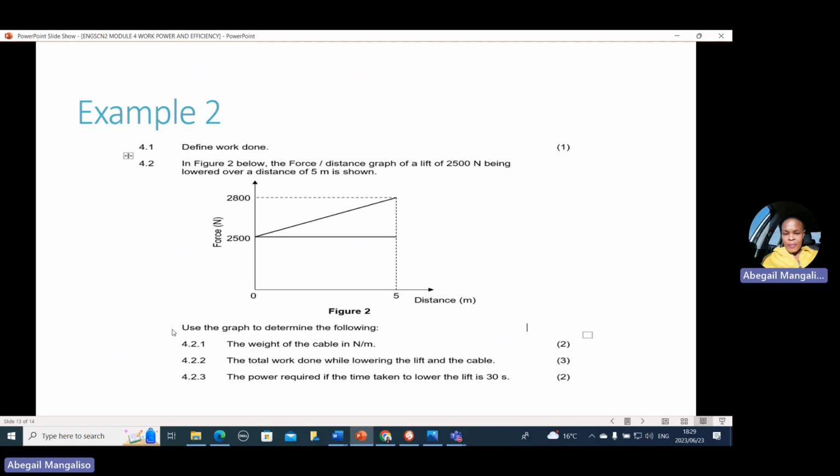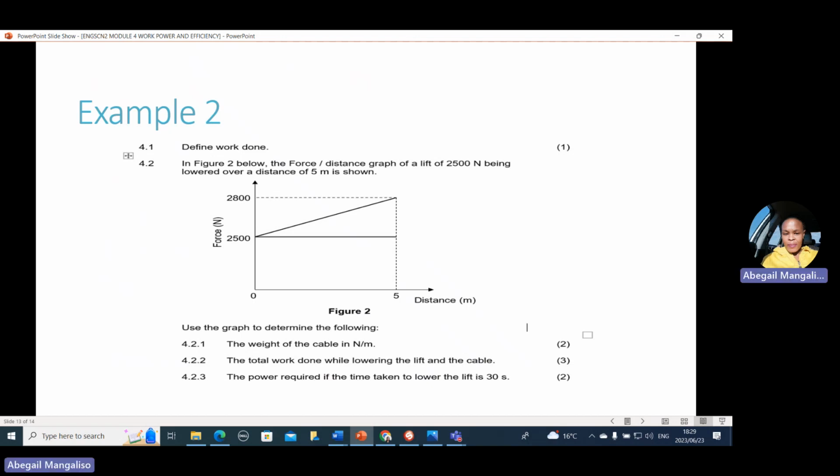Now, the first question says, use the graph to determine the following: the weight of the cable in Newton meters. So what we have there, the solution to this graph.